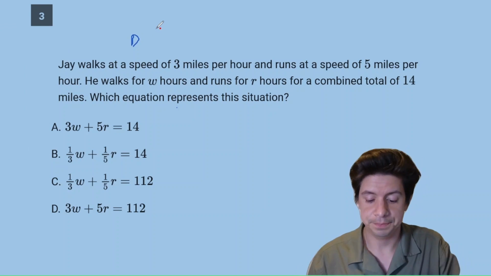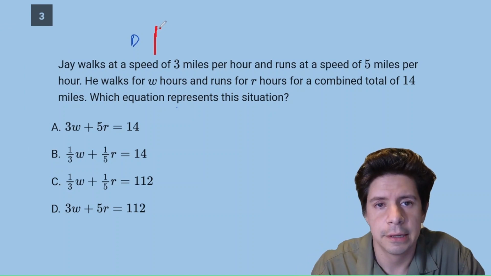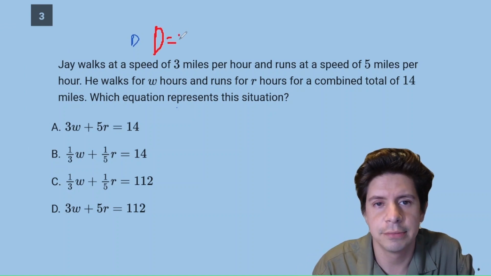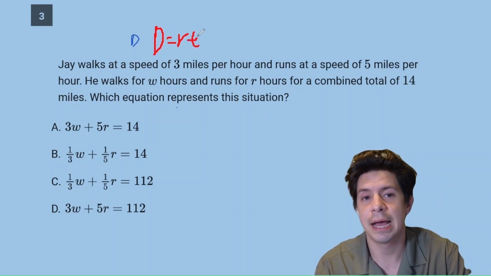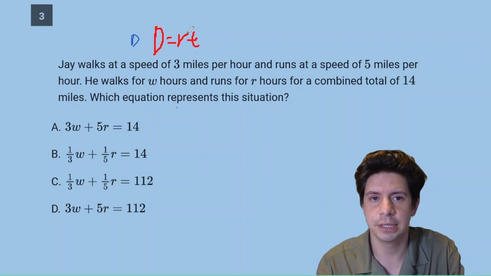So we're going to have distance equals rate times time. And they tell us W is the hours for walking. So that's going to be the T, and then the rate is 3. So it's going to be 3W.